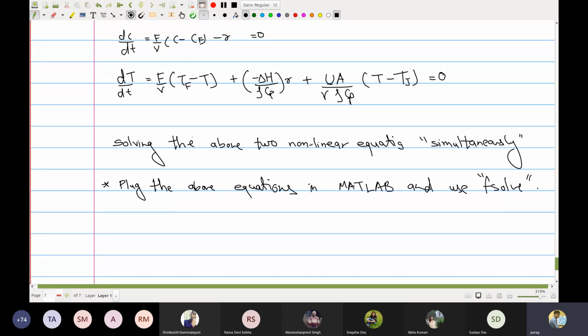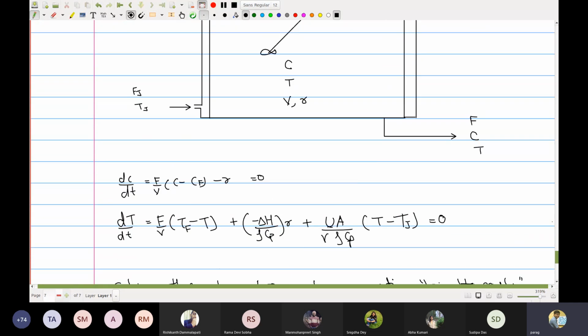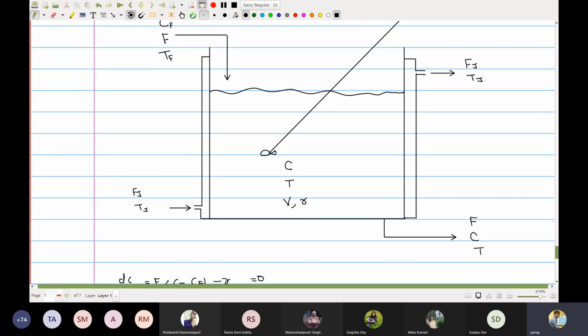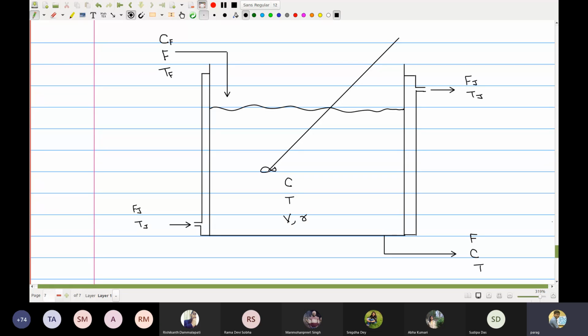So let's see, what is the possible range? Now you have to give an initial guess, for C for example. What is the maximum C in the reactor? What is the maximum amount of material which can be present in the reactor? Well, this can happen if no reaction takes place.